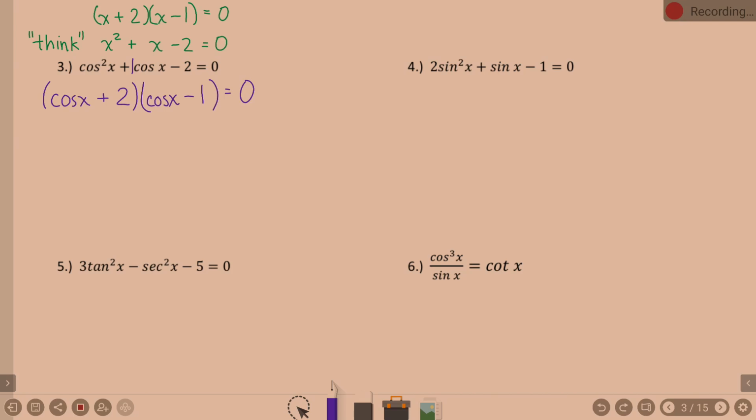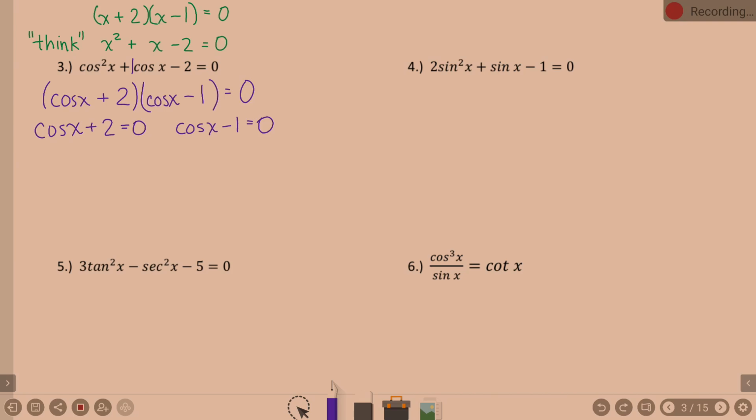So that means in this case, I'm going to say cosine x plus 2 equals 0, or cosine x minus 1 equals 0. Okay. How do I solve these?